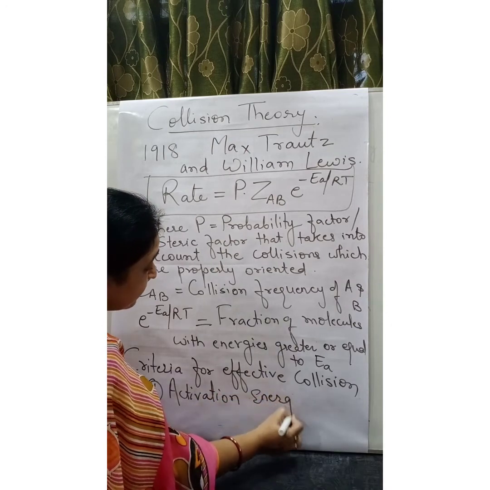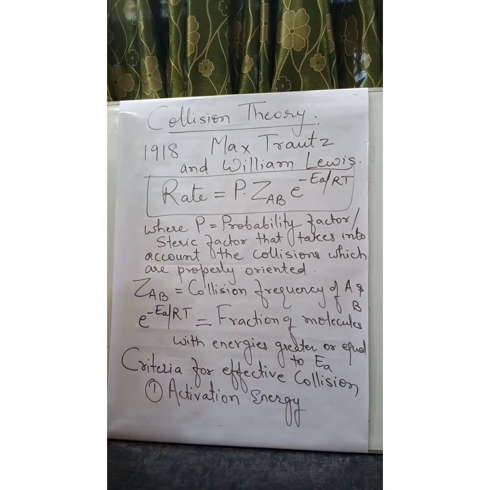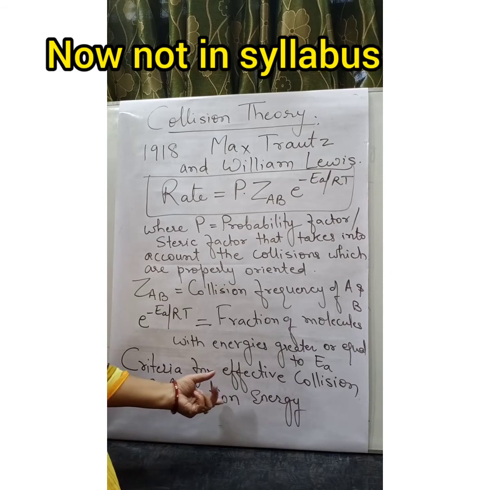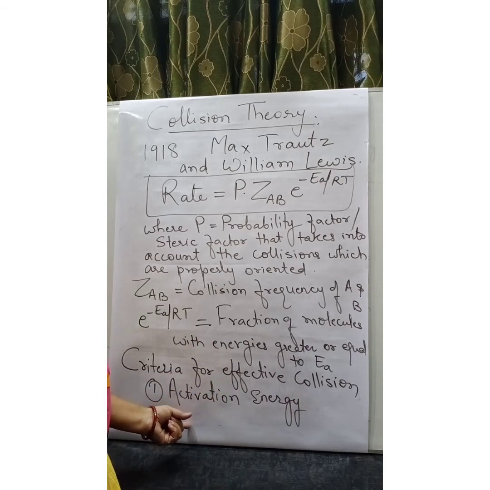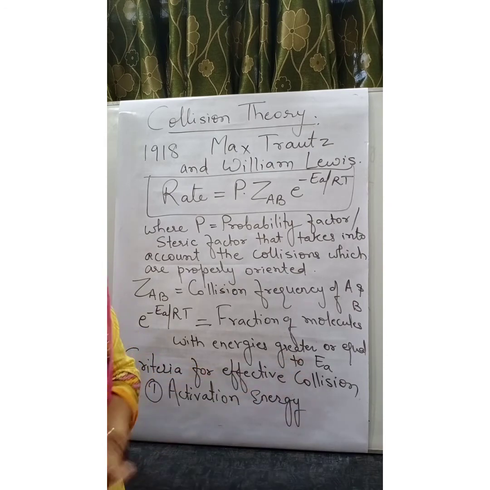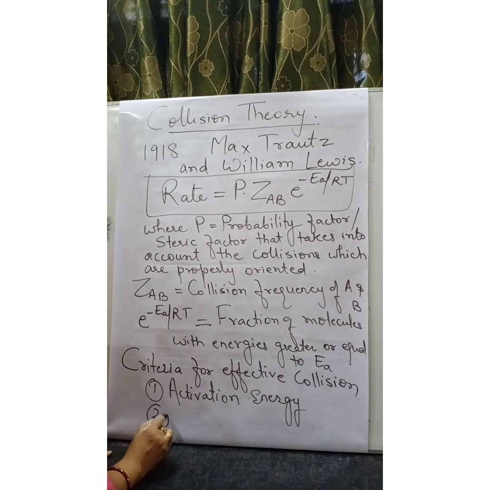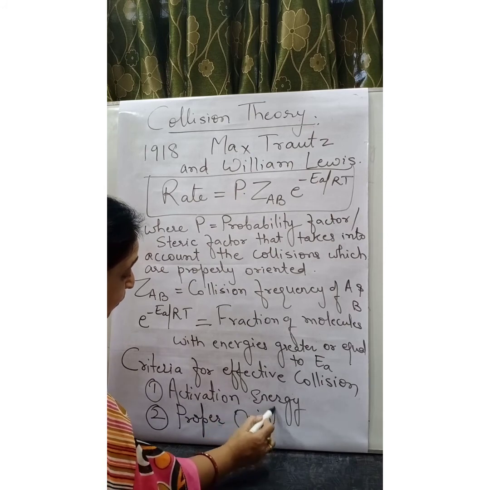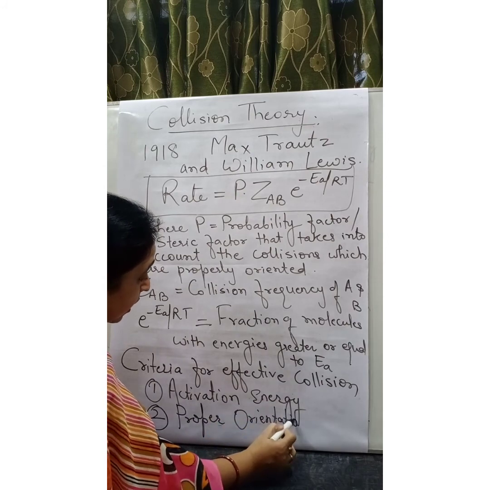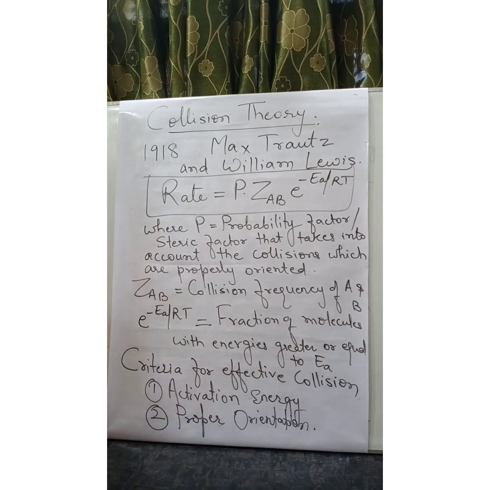The less the activation energy, the faster the reaction is going to take place, because activation energy is the amount of energy absorbed by the molecules so as to become equal to threshold energy. Second is proper orientation. Collision must take place in proper orientation.